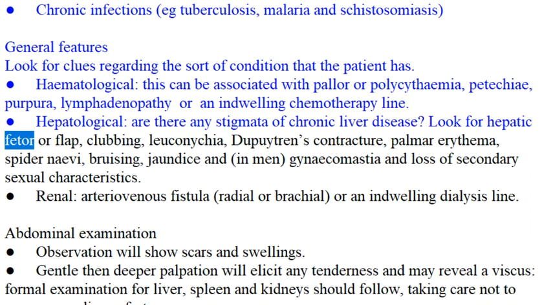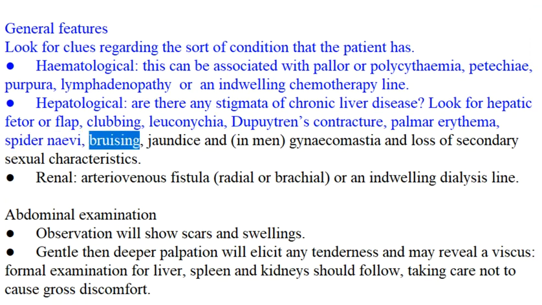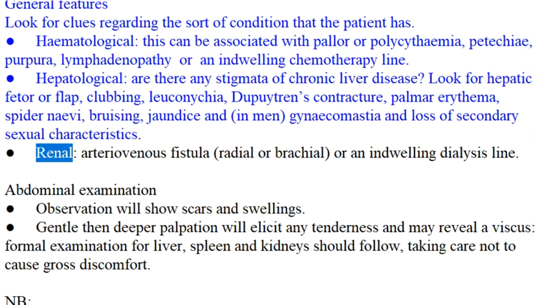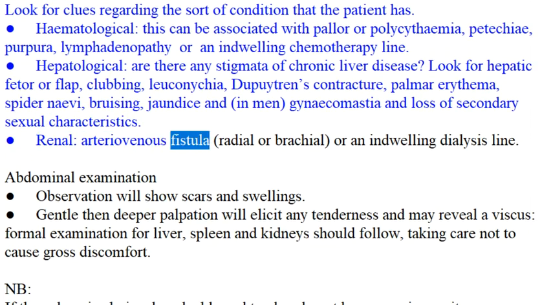Look for hepatic failure or flap, clubbing, leukonychia, Dupuytren's contracture, palmar erythema, spider nevi, bruising, jaundice and, in men, gynecomastia and loss of secondary sexual characteristics. Renal: arteriovenous fistula, radial or brachial, or an indwelling dialysis line.